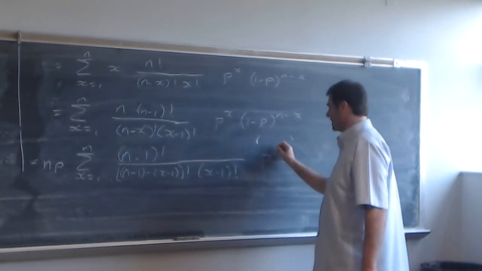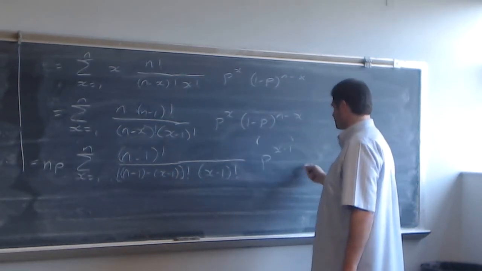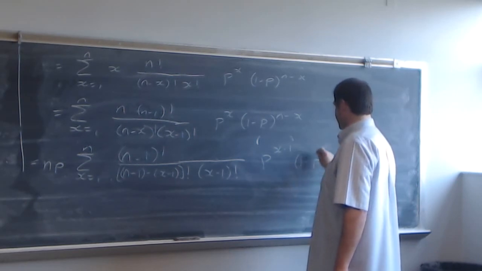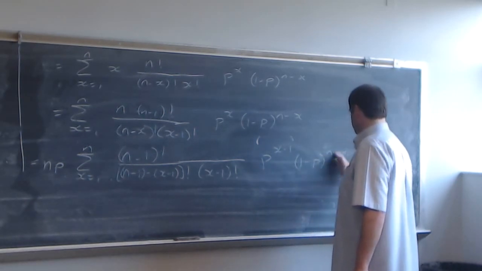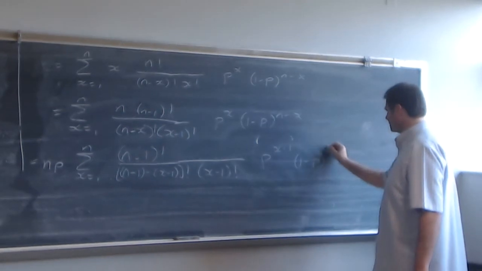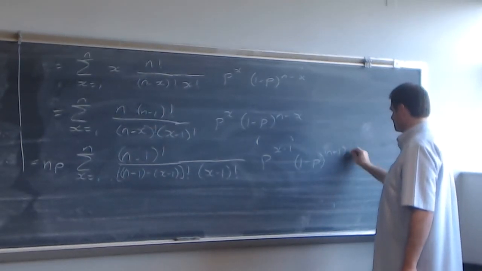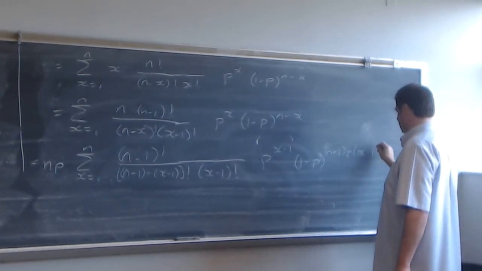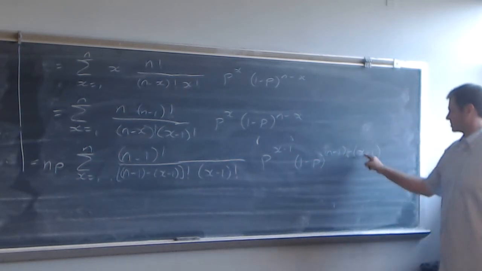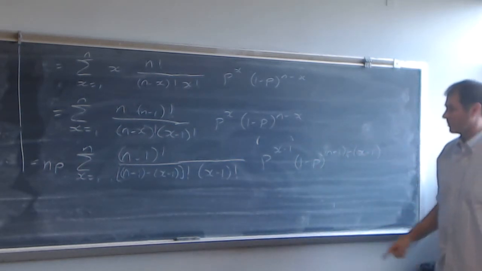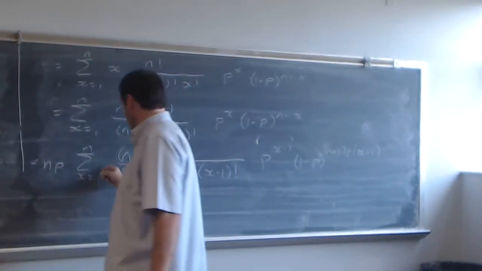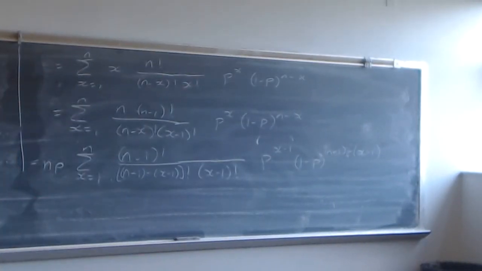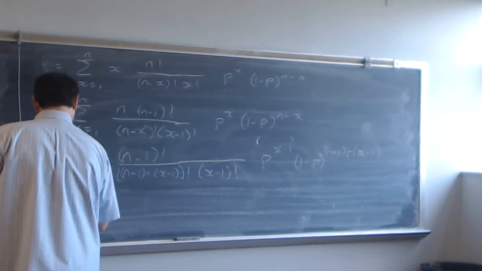I pulled out a p, so it's p to the x minus 1, and then 1 minus p raised to the n minus x, which I'll rewrite as n minus 1 minus x minus 1. So the two minus 1s will cancel, and we'll just have n minus x, exactly what we have. I can pull out a p because the index is x, and p is a constant with respect to that. And the same thing for n. n is a constant with respect to the index x.